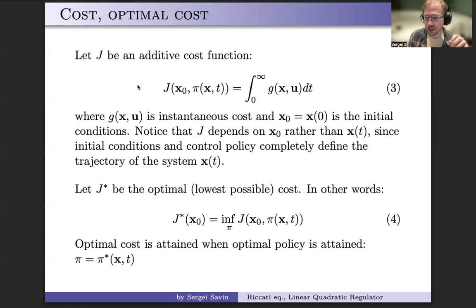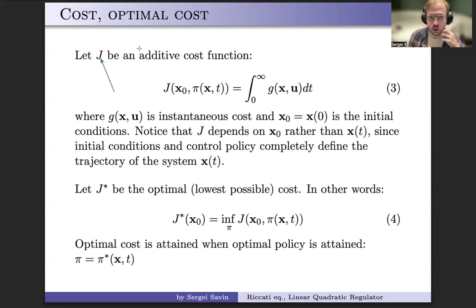To be able to say that something is better than the other, you have to be able to measure both things. So if you want to say that thing A is better than thing B, you have to be able to measure both. So somehow we need a function to evaluate how well our system performs under a given control law. And the way we do it is via a cost function.